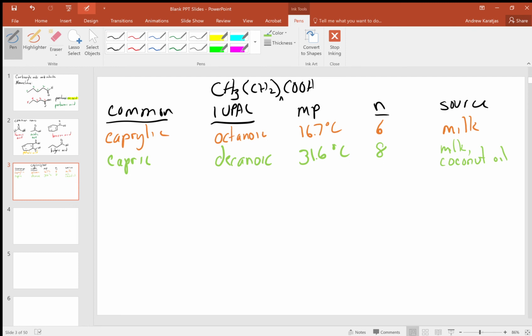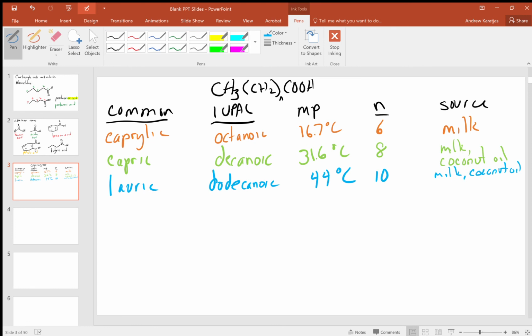And I shouldn't say that these are the only source. These are just one of the most common sources for each of these. Okay, 12 carbons, we have lauric acid. Systematically it would be known as dodecanoic acid. Again, chain's getting longer, melting point goes up. And lauric acid, again, is commonly found in milk, as well as coconut oil.